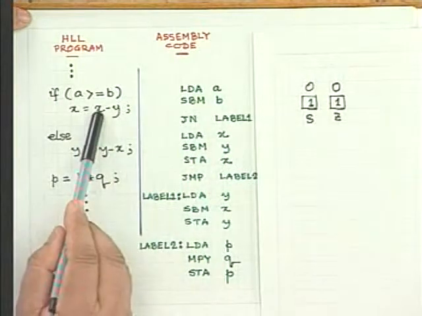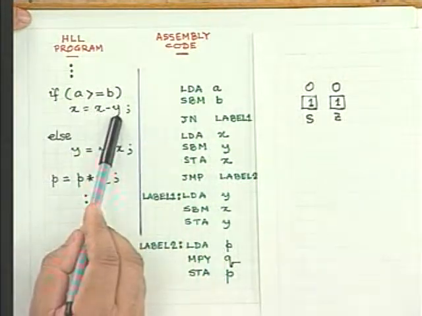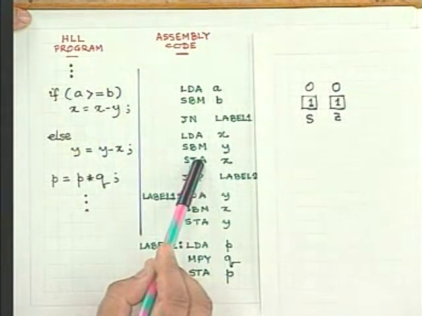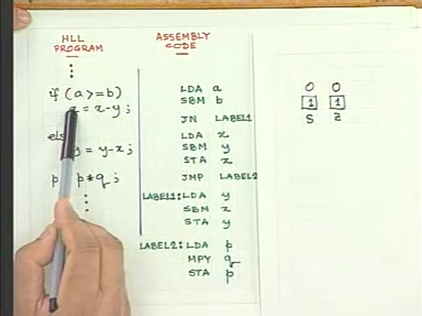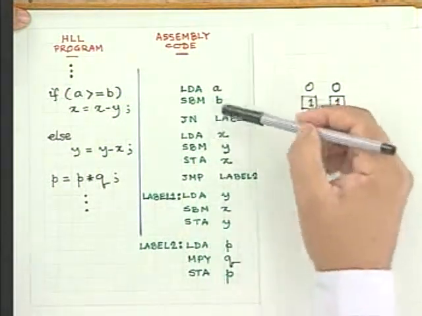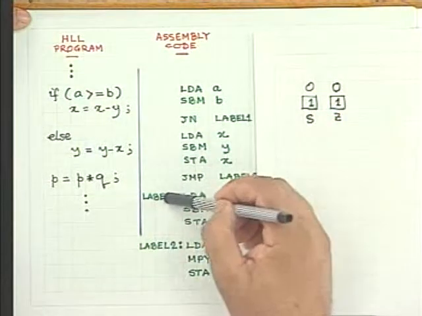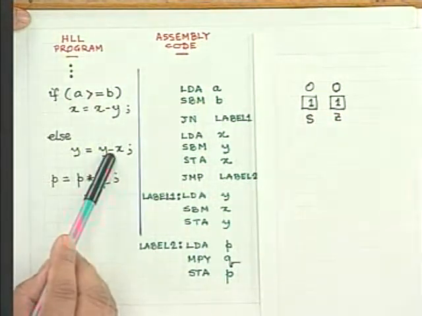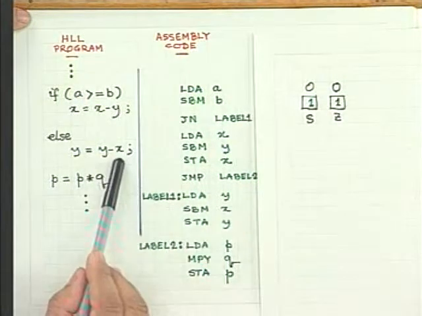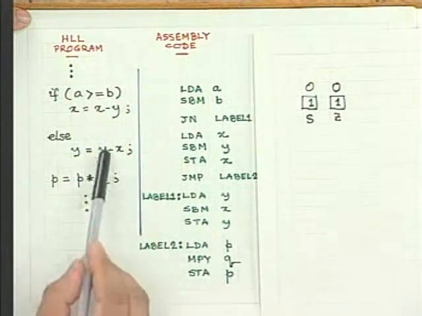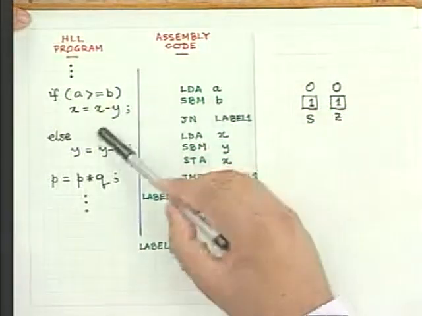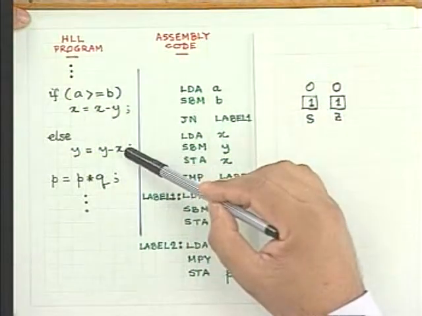Therefore, load accumulator X, subtract memory Y, and the result in the accumulator is stored into X, right? Else, that means jump on negative. If the result is negative, it comes over to here. It executes this instruction. That means load accumulator Y, subtract memory X, and store accumulator Y. That means this result is stored into Y. Now, one thing you see is that if this is executed, then this will not be executed.